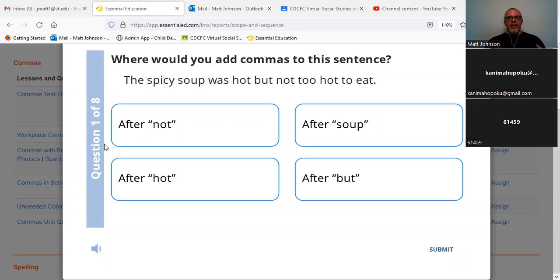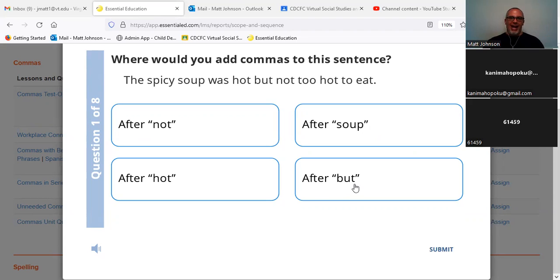So if we see this one, it's separating two independent clauses, right? Our most simple rule: the spicy soup was hot. That is one complete idea. But not too hot to eat, that makes another complete idea. Conjunctions should signal us that we need some punctuation somewhere close to that conjunction, close to that fanboys word.